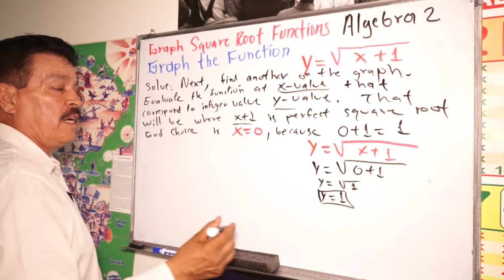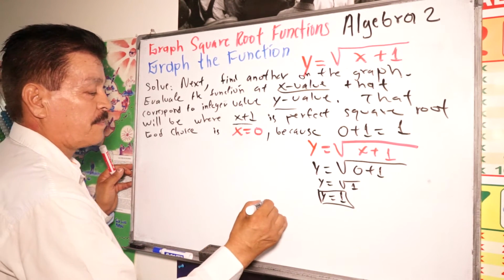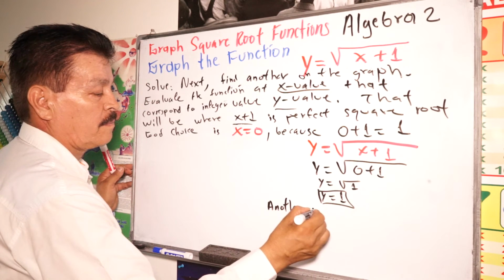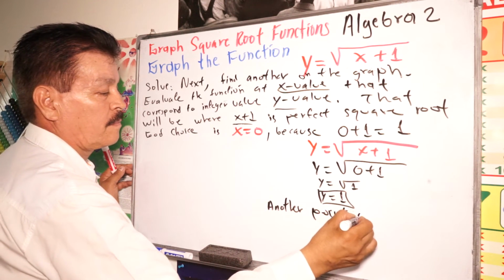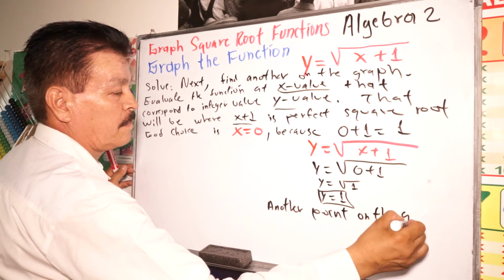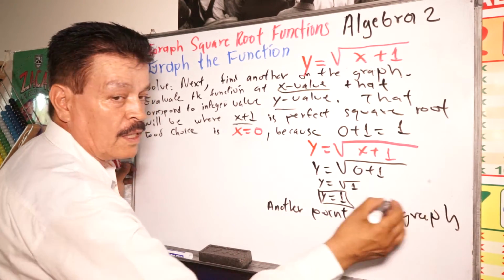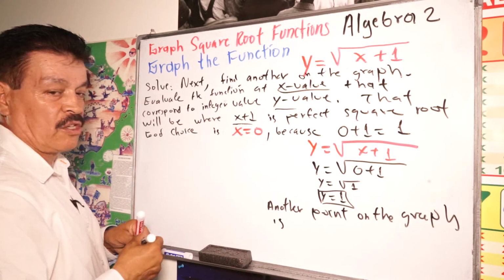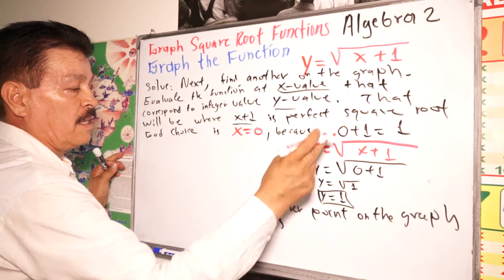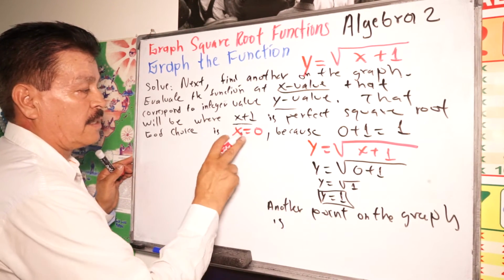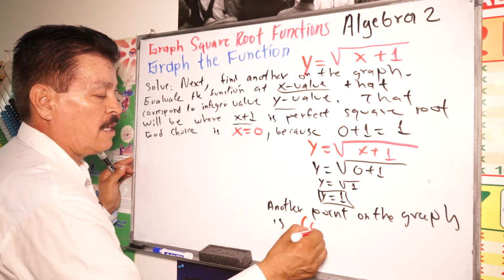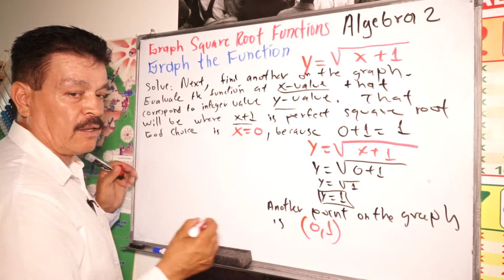So another point of the graph is 0 and 1. This is the other point.